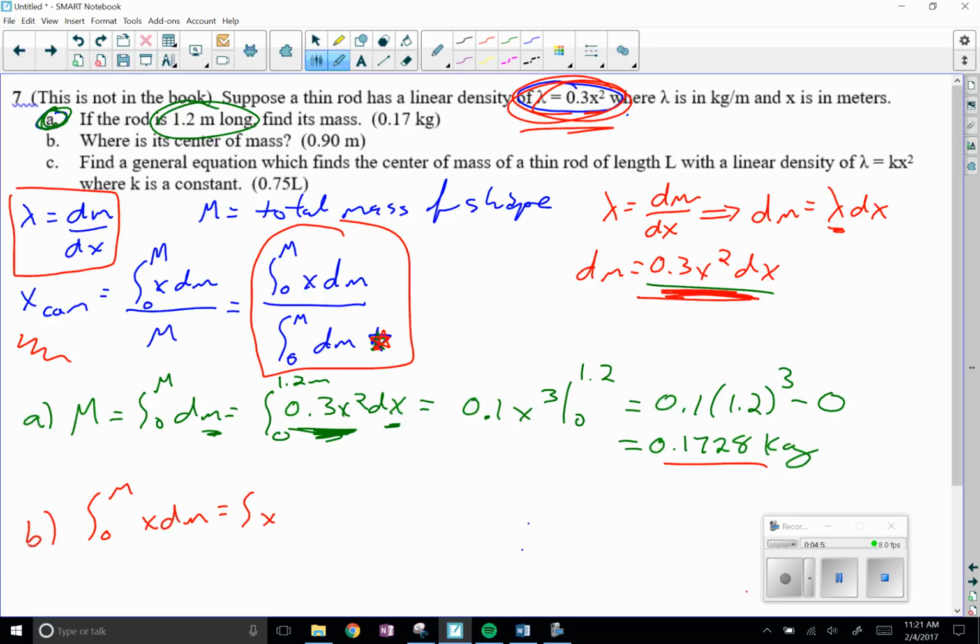So that's this again, right? So 0.3 x squared dx. And again, my bounds of integration change. Instead of going from 0 to m, I'm going to go from 0 to 1.2 meters.